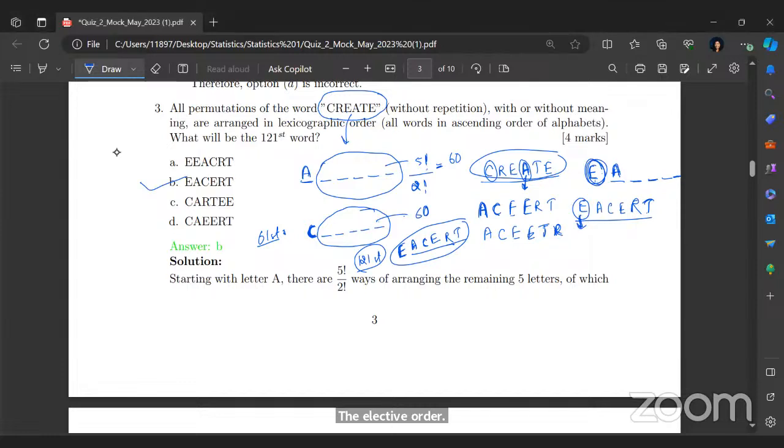Yeah, actually we calculate it like this: for the first 60 we will have A first, 5 factorial ways to do this. The next series will have C coming first, and for the next 60 E will be coming first, and after the next 60 also. Subsequently it will move on in lexicographic order. Yeah, okay.